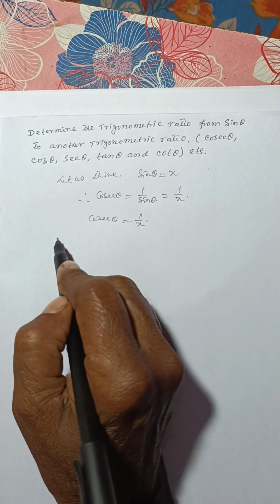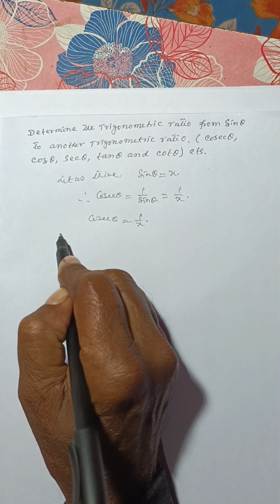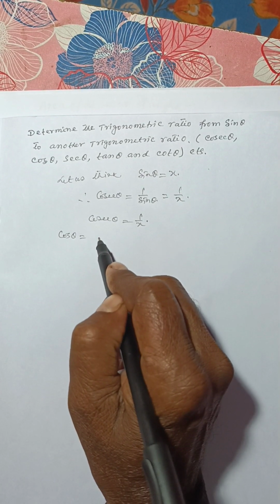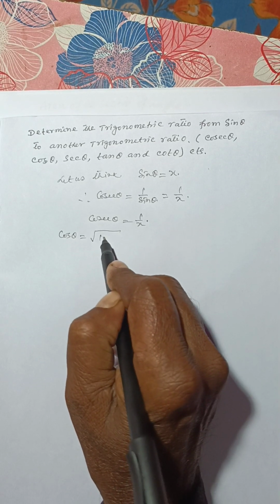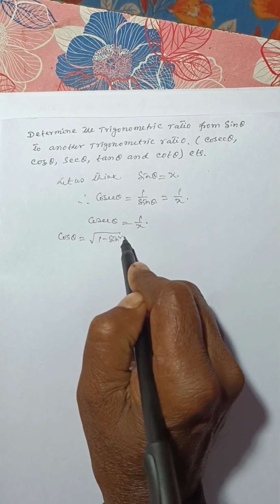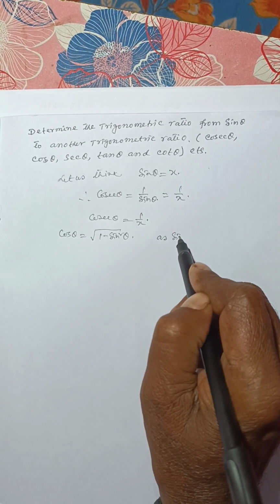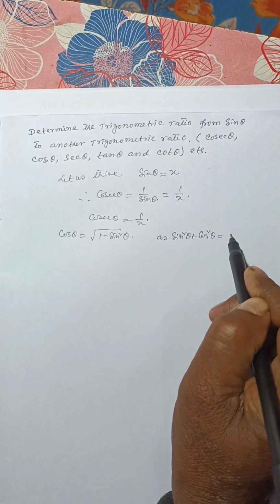Now another trigonometric ratio, cos theta. How will we determine the value of cos theta? So, cos theta equal to root over 1 minus sin square theta, as sin square theta plus cos square theta equal to 1.